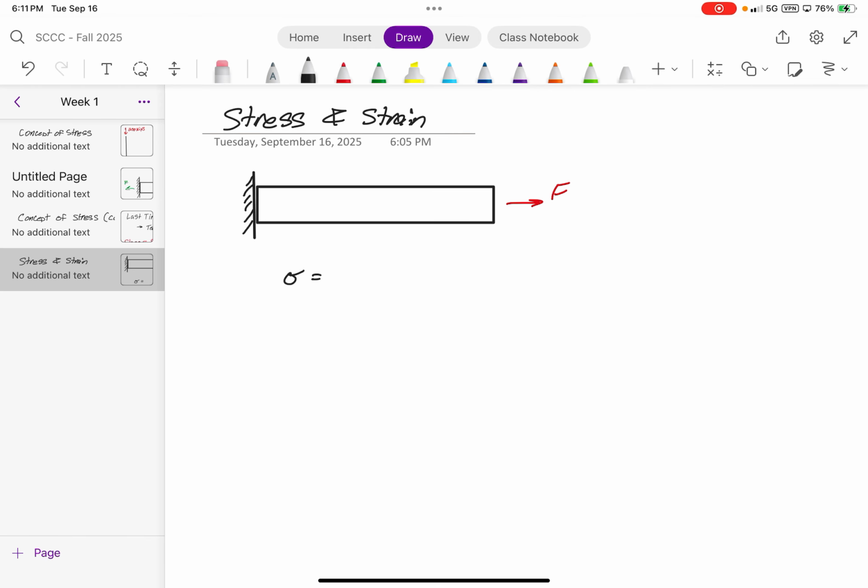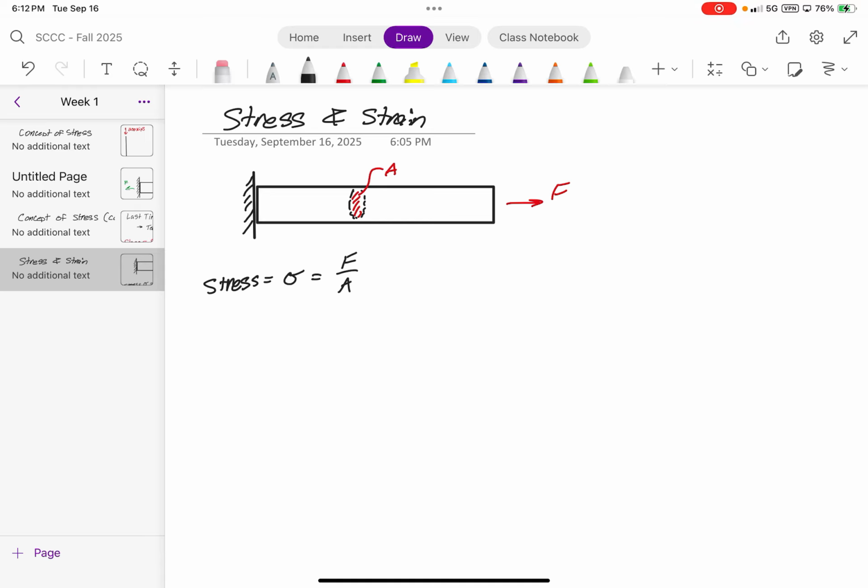So, what is the stress going to be equal to? Let's say it's circular in cross-section with some area A. What is the equation for stress? Yeah. Force over area. So we would just get the stress is equal to force over area.